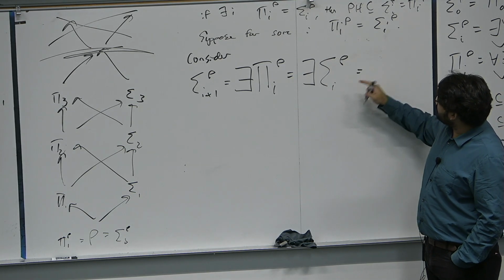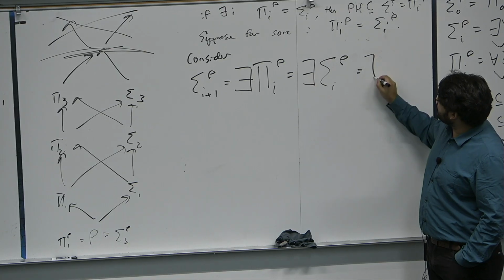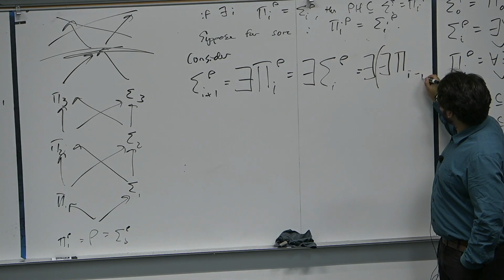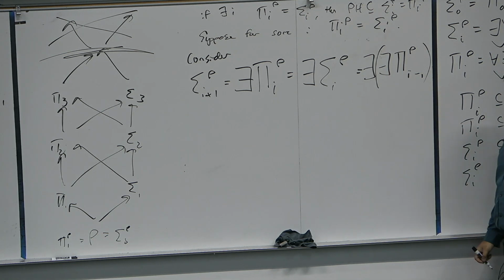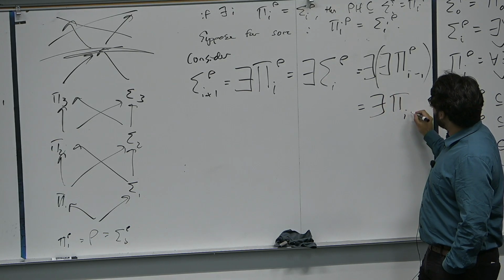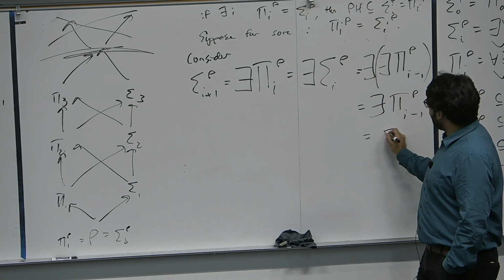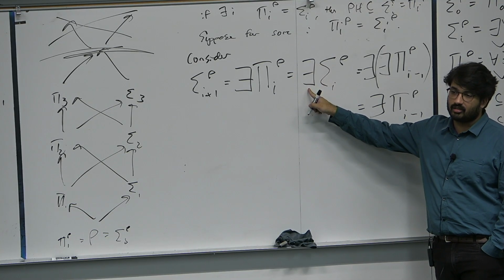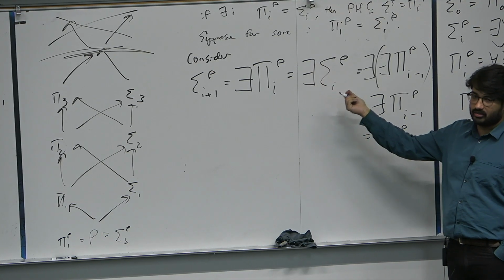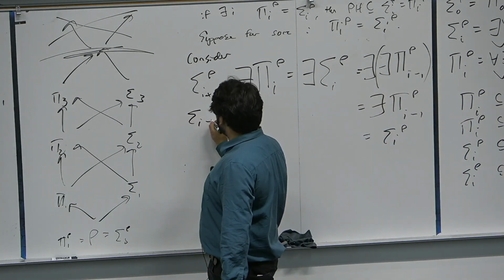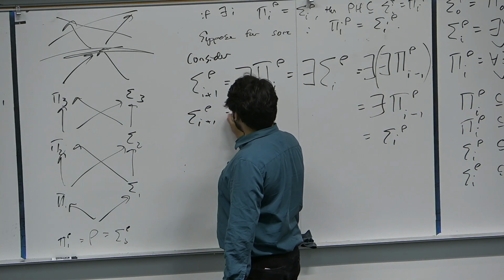Here, I'll write it out. Sigma i exists what? It exists pi i minus 1 p, right? So this is in fact just exists pi i minus 1 p, which is just sigma i p. What I'm saying is here, this is a sigma, this is an exists, that doesn't do anything, that doesn't generalize. So compress that quantifier like we did previously, right? So in fact, what we've proven here is that pi i plus 1 p is equal to sigma i p.